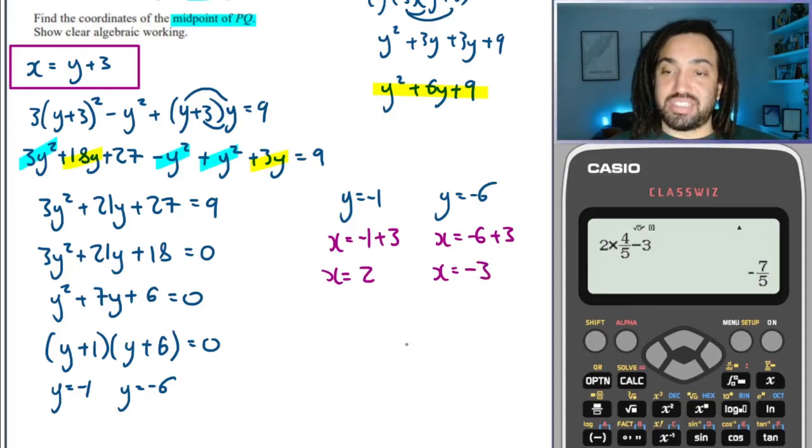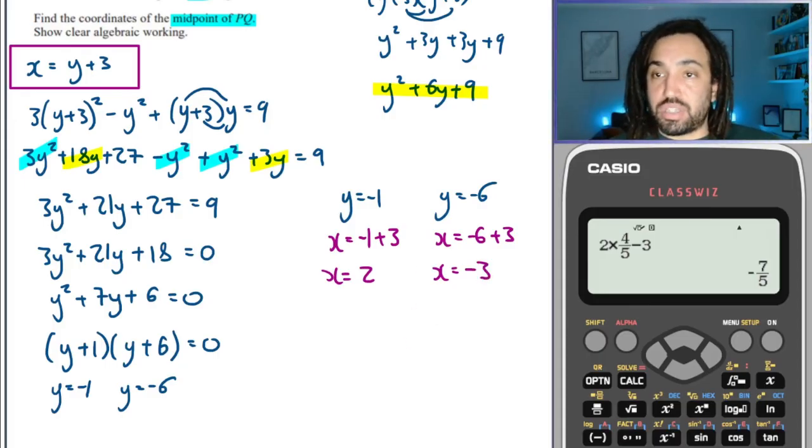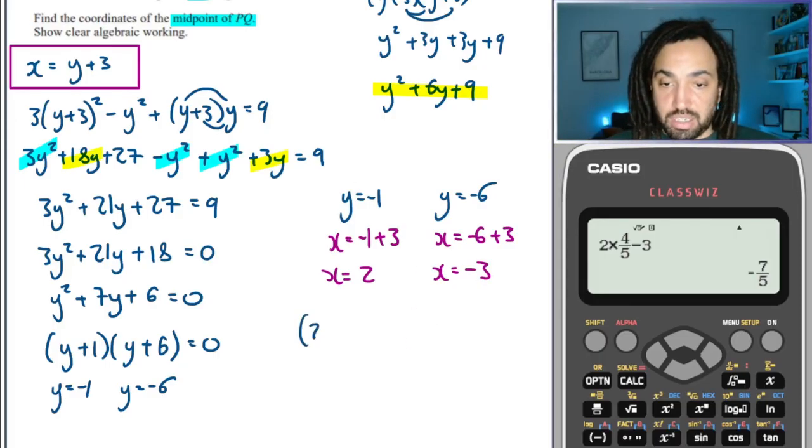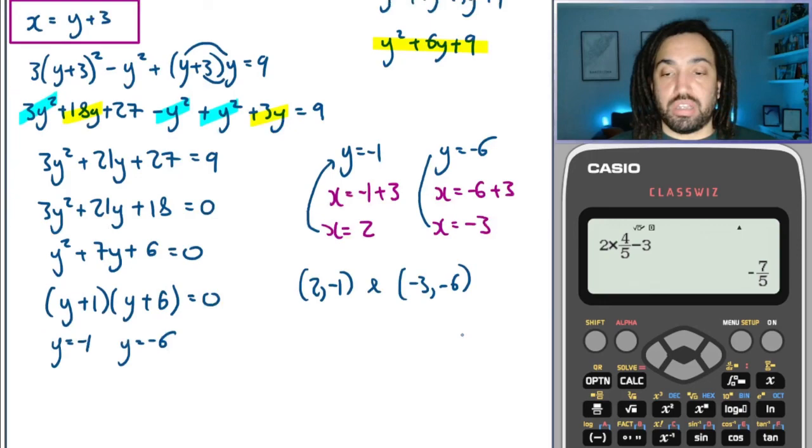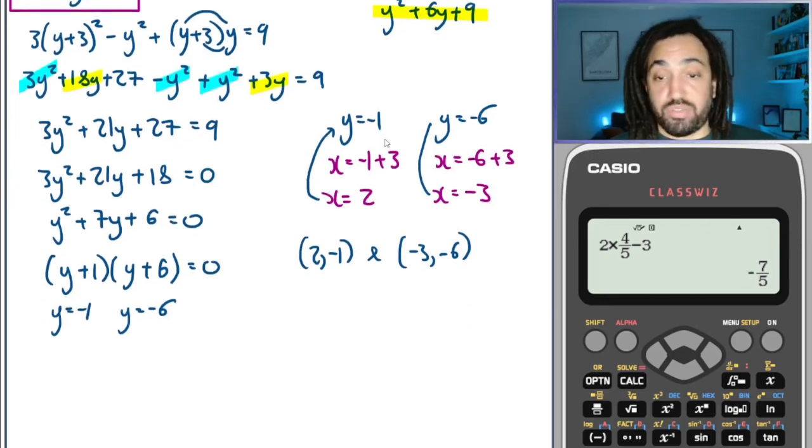Minus 3. Okay, great. So the two coordinates then are 2, minus 1, because these two pair up, and minus 3 paired up with minus 6. And we've been asked to find the midpoint of these.